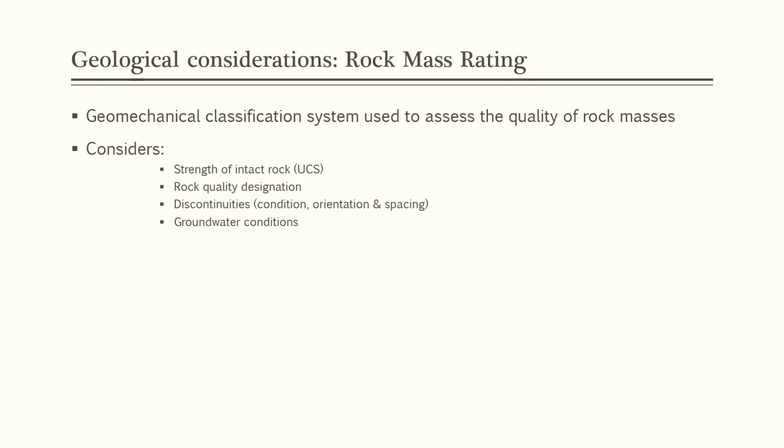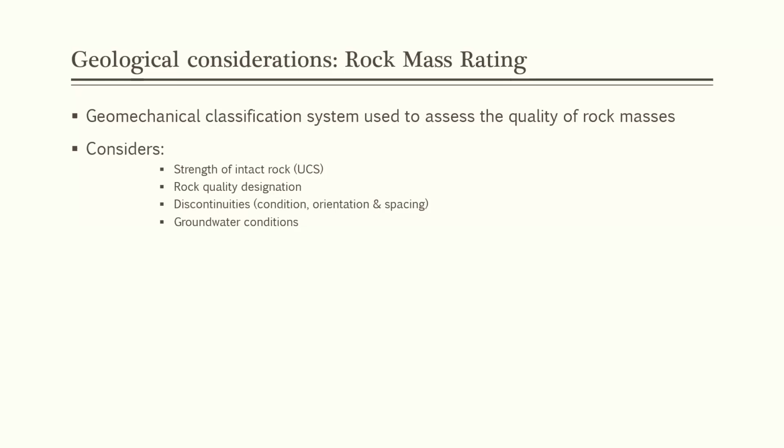So a rock mass rating considers the strength of intact rock, which is usually what is used is the uniaxial compressive strength. You consider the rock quality designation. You also consider the discontinuities, and then you also consider the groundwater conditions in the pit.